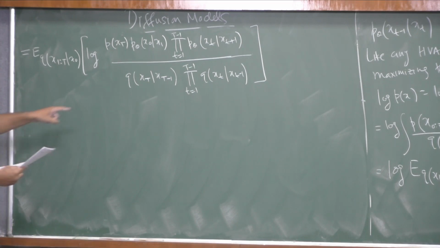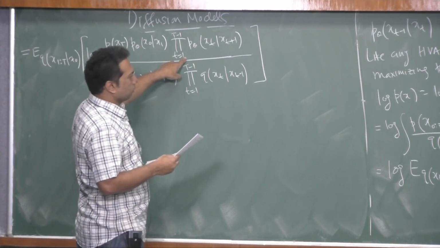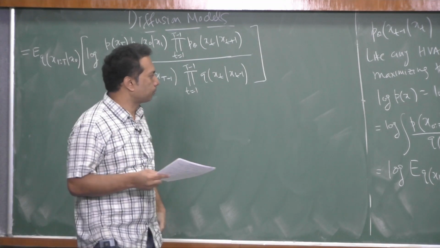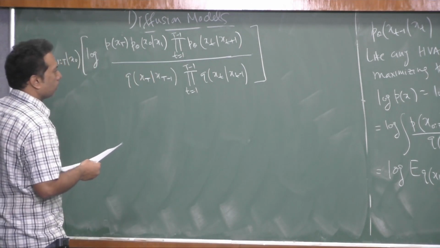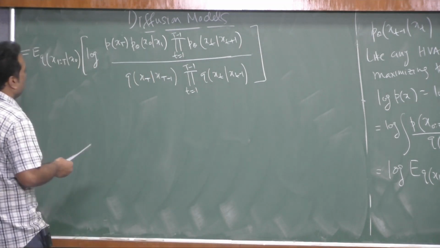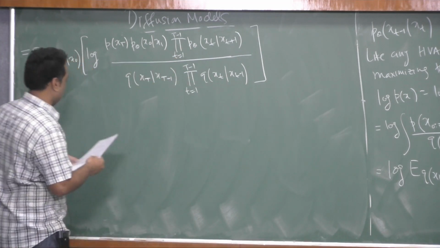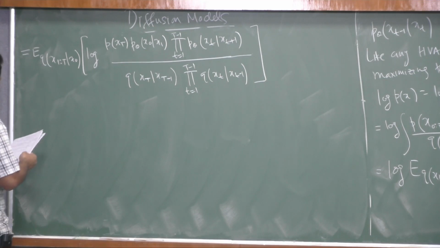The only change I did is that I decreased the t indexing by 1, and here I increased by 1. So the idea here is that these indexings are the same, so hence I can combine them. That's what we do in the next step.